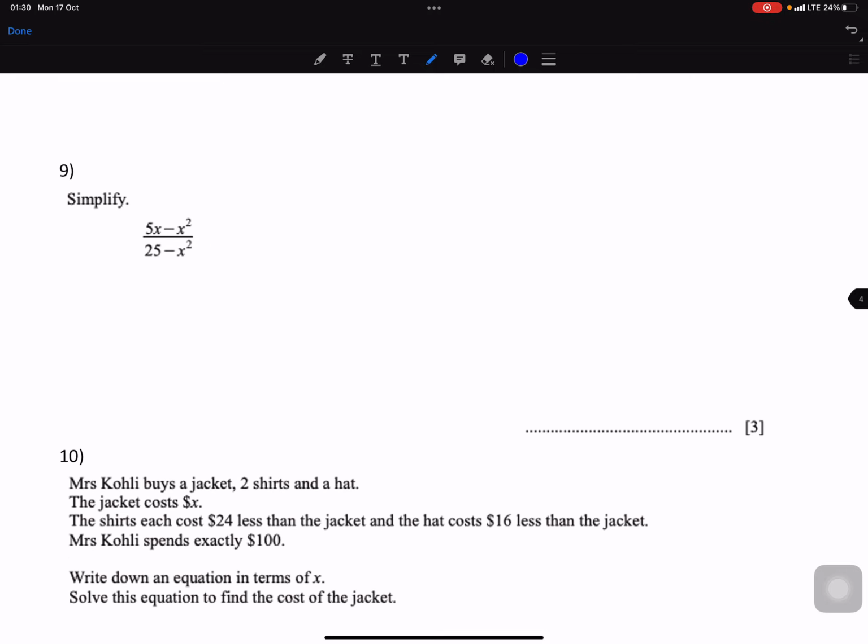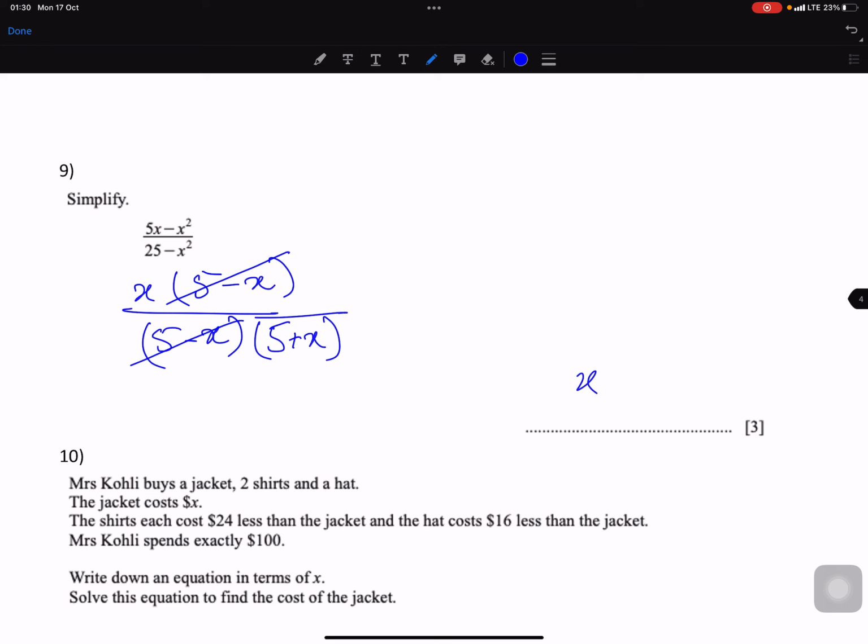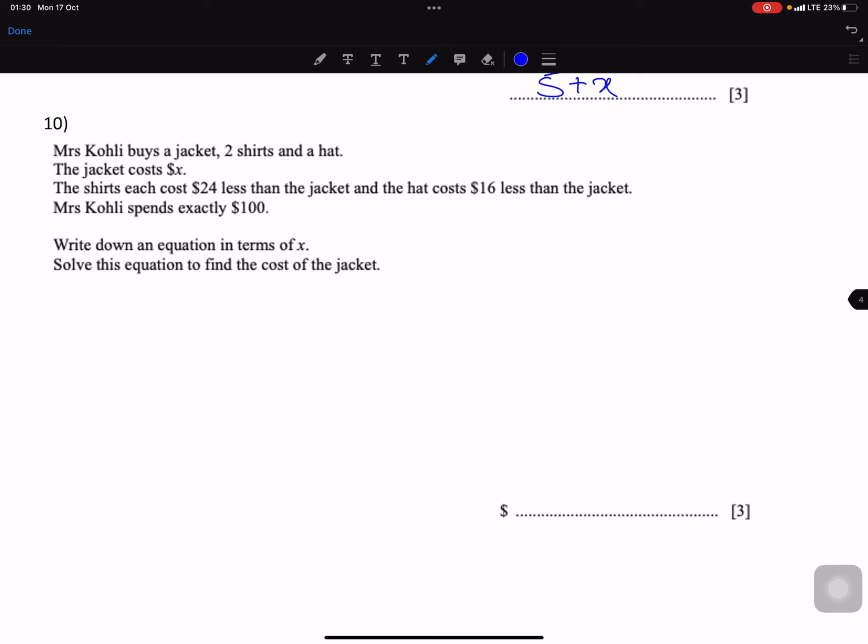Okay, 5x minus x squared, so x is a common factor, 5 minus x. Difference between two squares for the bottom, 5 minus x and 5 plus x. Complete this, cancel the 5 minus x's, x over 5 plus x.